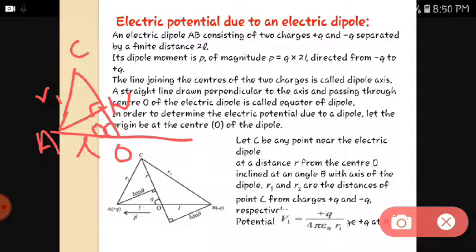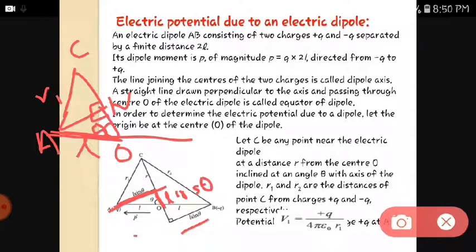If this is theta, what will be sine theta over here? Sine theta is nothing but opposite side divided by hypotenuse. If this is 90, this is the hypotenuse. Opposite side will be AN divided by L. So what will be AN? It will be L sine theta. So we are getting AN as L sine theta. By using similar steps, this is nothing but L cos theta.